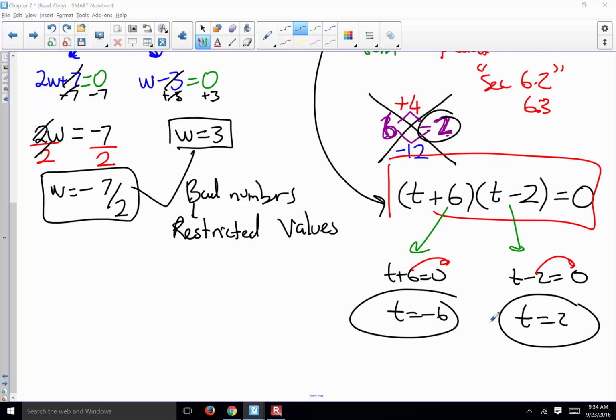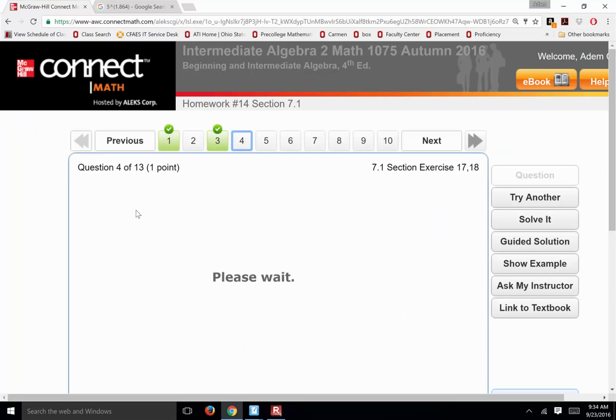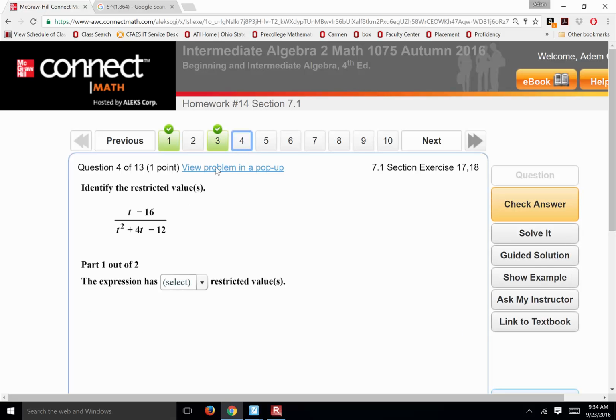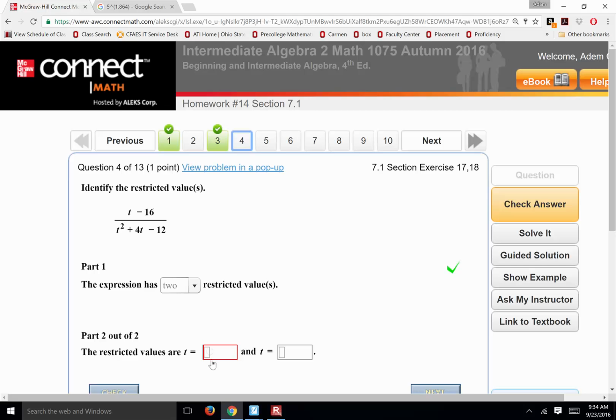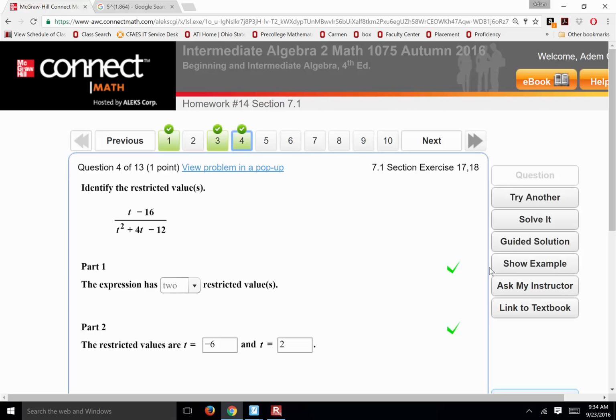Get negative 6 and 2. Are we good? So the story we got here is sometimes the denominator needs to be factored by yourself. You need to do that unless it's given in parentheses. Perfect.